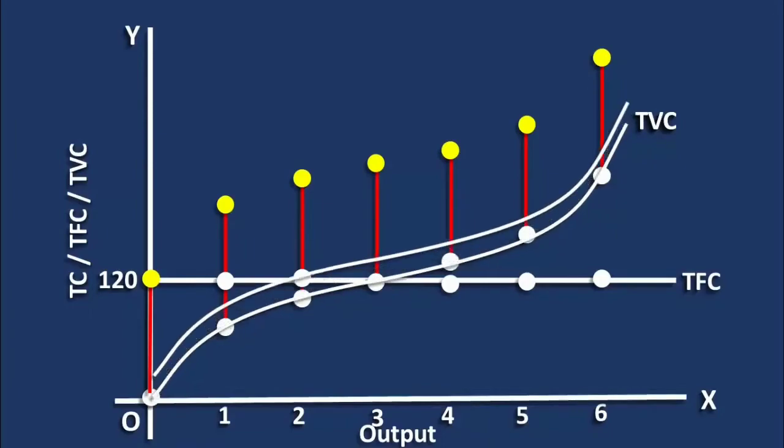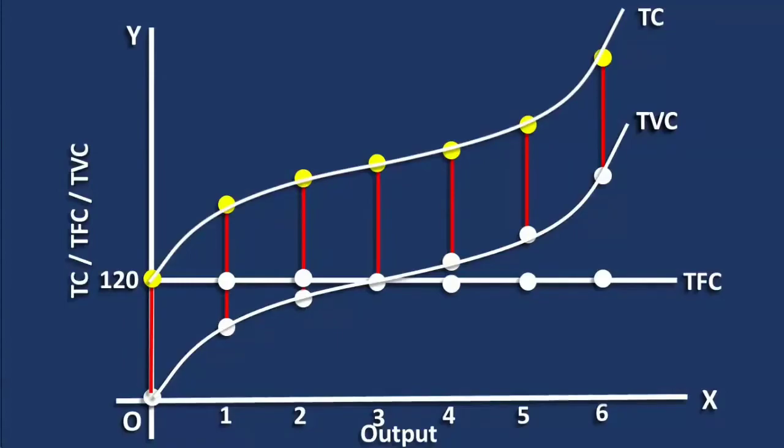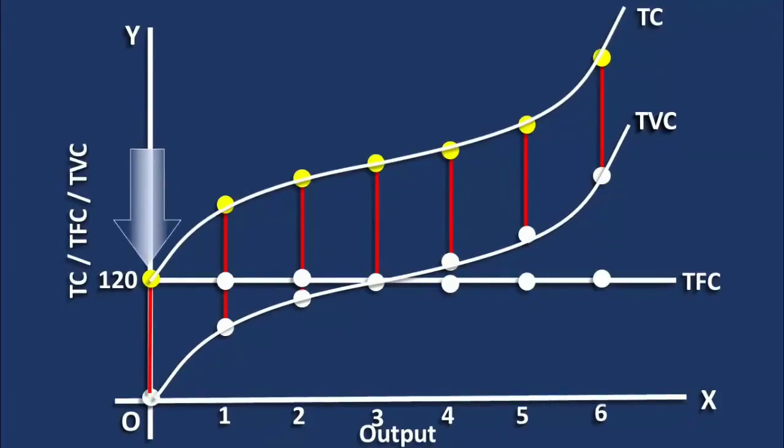And if we move total variable cost up to these points, what we will get? We will get a new curve, that will be your total cost curve. This enables us to understand important characteristics of total cost curve. TC curve is similar to TVC curve. Clear? And it starts somewhere along y-axis, which represents TFC curve. Each point on TC is greater than TVC by fixed cost, and the shape of TC is same as that of TVC curve.